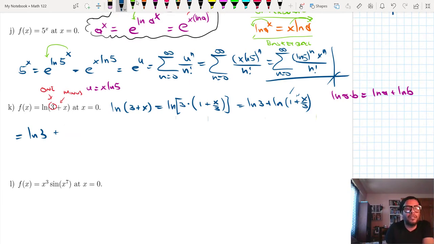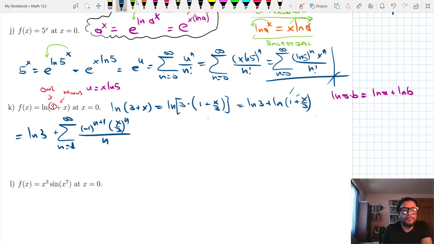So we can go straight to the series representation. N equals, not 0, but 1. And this is negative 1 to the n plus 1, x over 3 to the n over n, just n, not n factorial. Now we do the following.